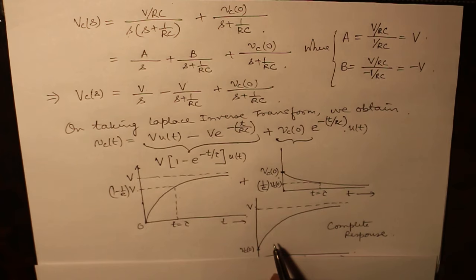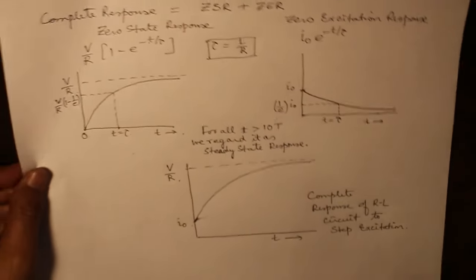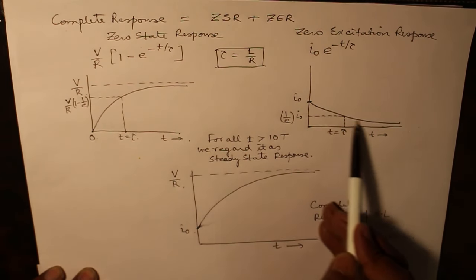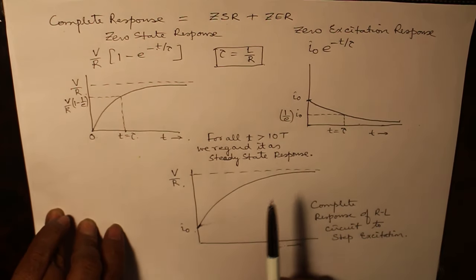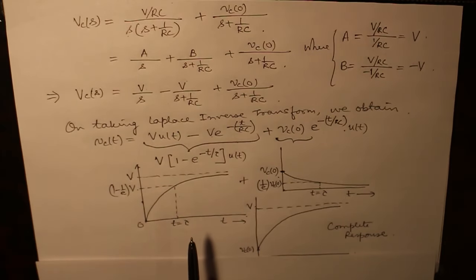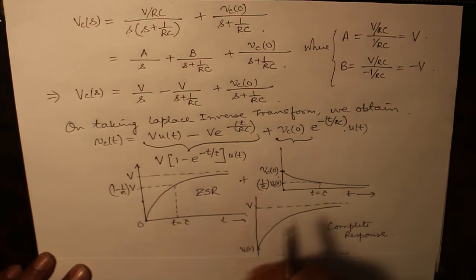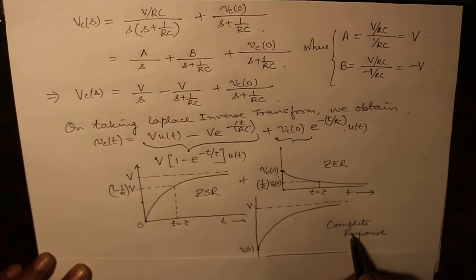I just bring that sheet again so that you can have a comparison. Zero state response, zero excitation response, and complete response. And now we have zero state response, zero excitation response, and here complete response.